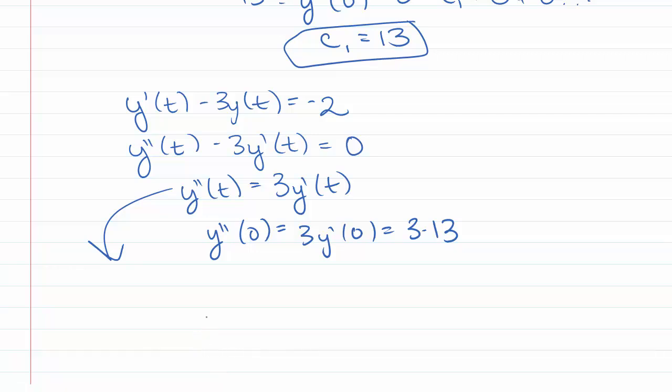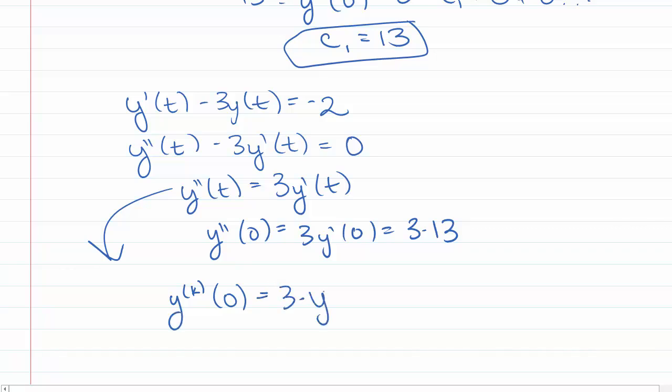So in general, the kth derivative of y at 0 is going to be 3 times the k minus 1th derivative, which means it's going to be 3 to the k minus 1 times 13.